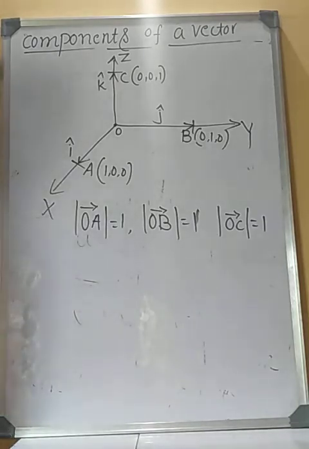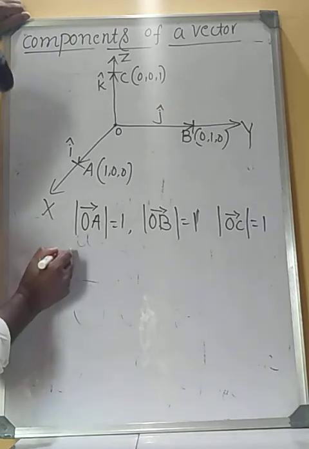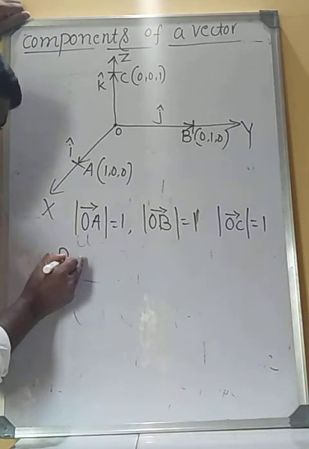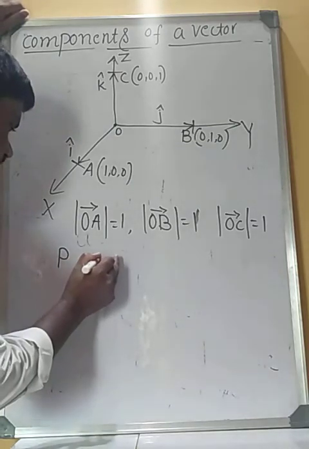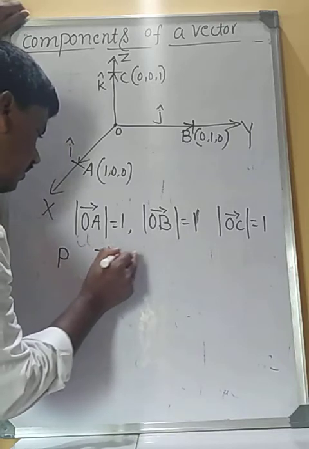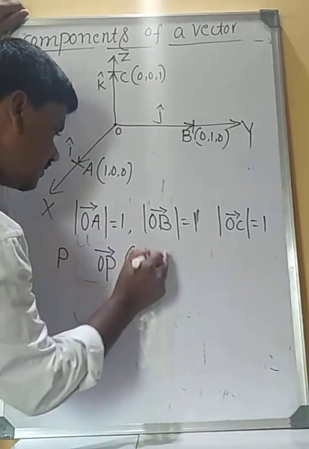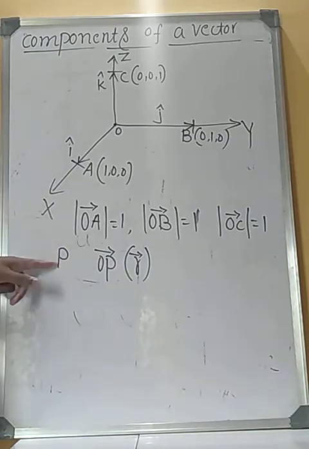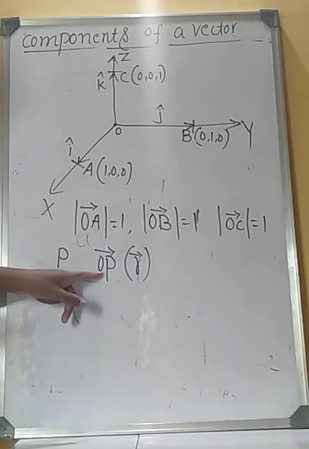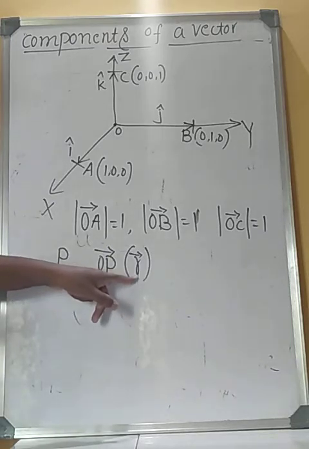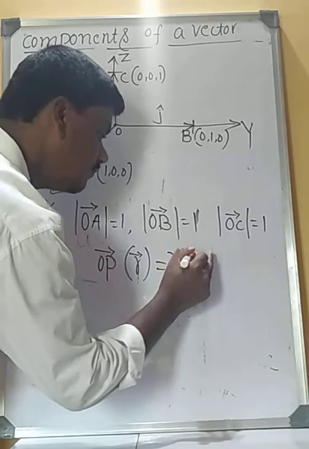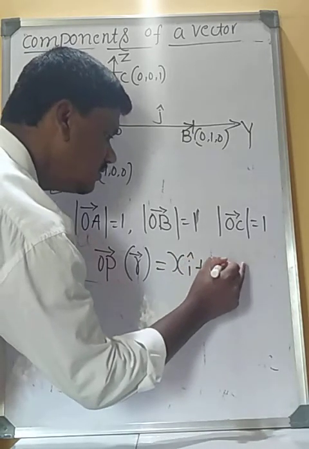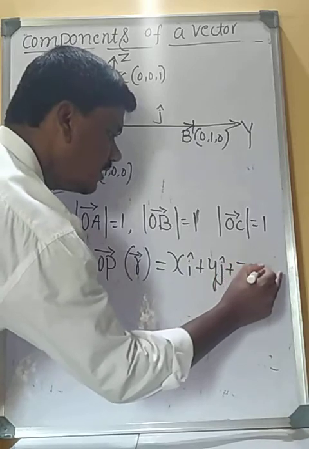The position vector of P with respect to the origin O is given by vector OP, or small r vector, that is equal to xi plus yj plus zk.